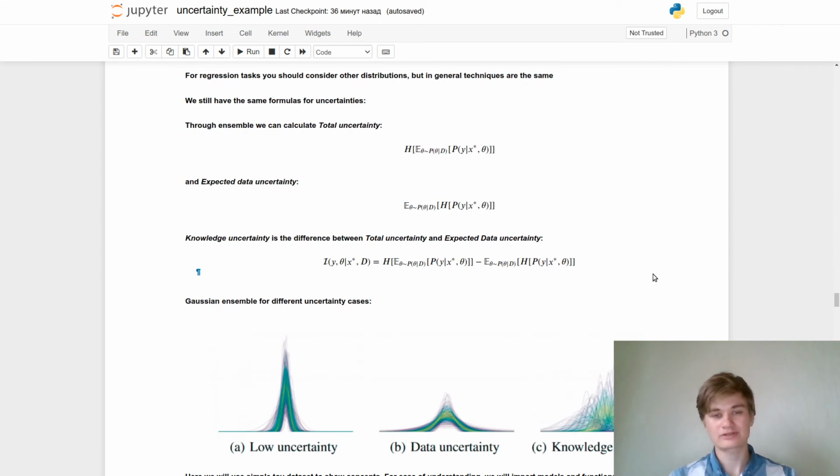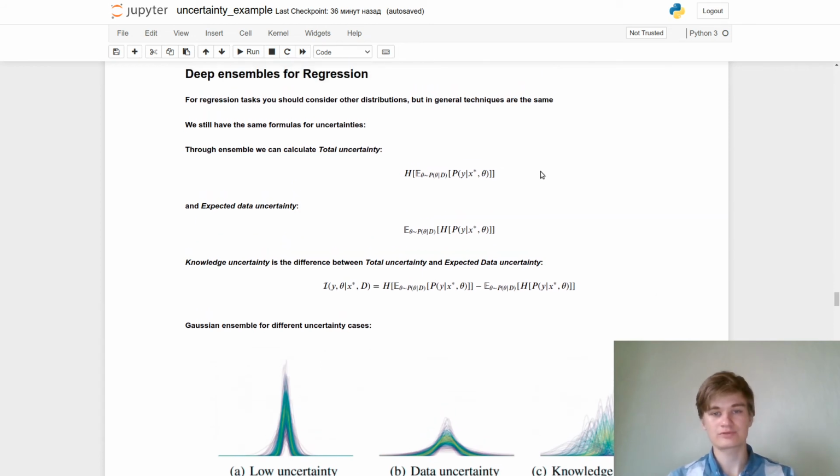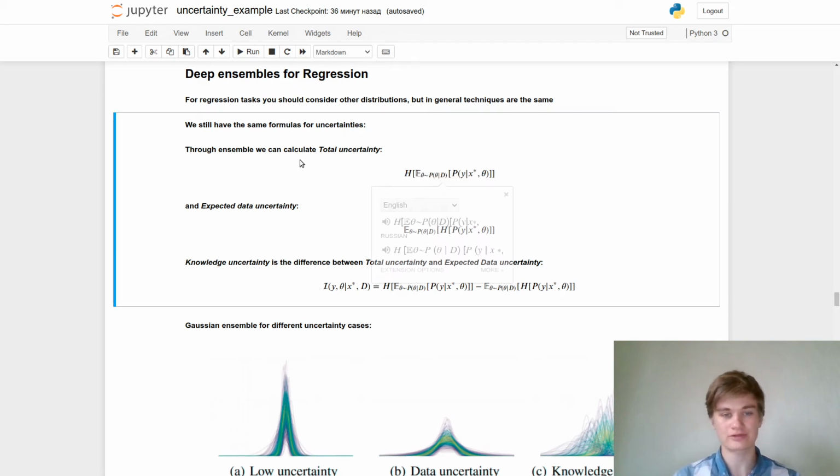For regression tasks, we should consider normal distribution, some continuous distributions. But in general, these methods of calculation of total uncertainty, knowledge uncertainty, and data uncertainty are the same, but the formulas are slightly different.